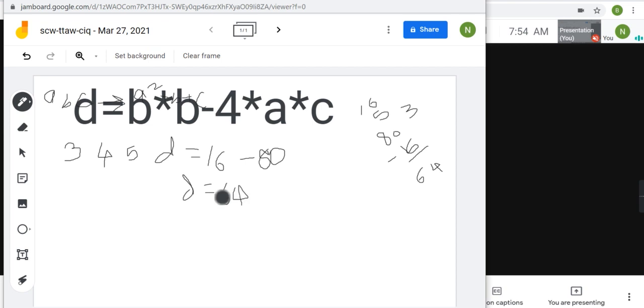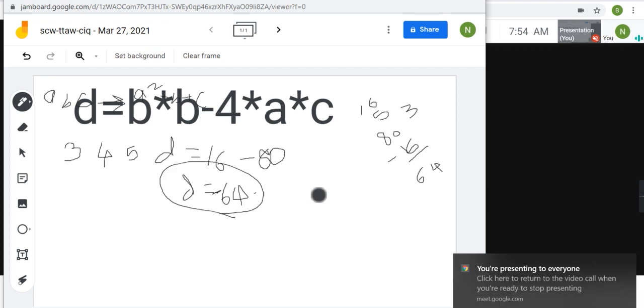Minus 64 is the value of D. Sometimes it may be in decimal values too, right? This is the value of D. So now I have the value of D.